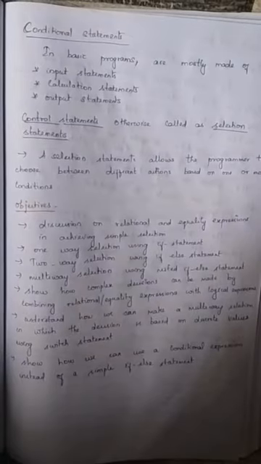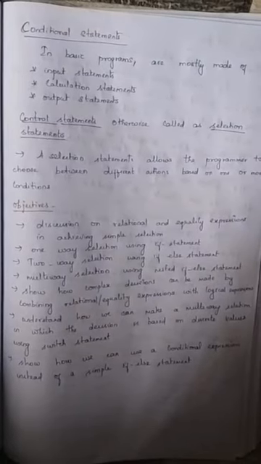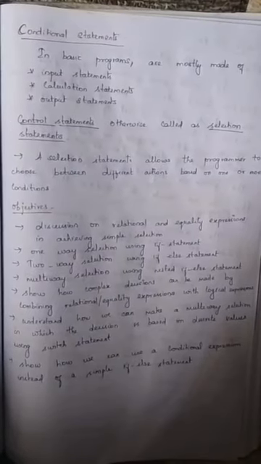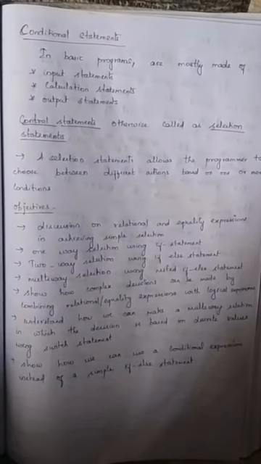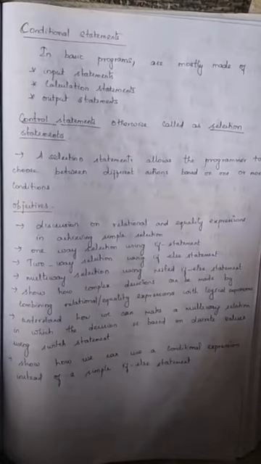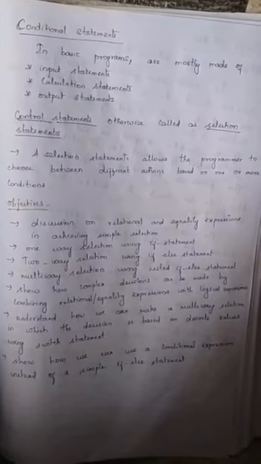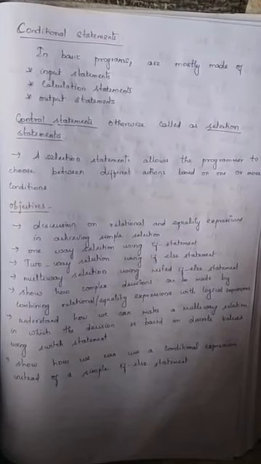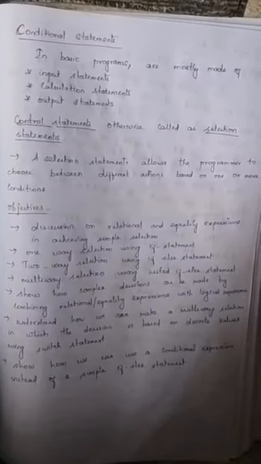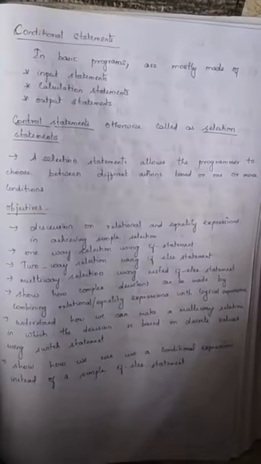The if statement can make a path to provide the one-way selection. How it can be applied, we'll be seeing in the upcoming video. Two-way selection using if-else statement. Multi-way selection using nested if-else statement.